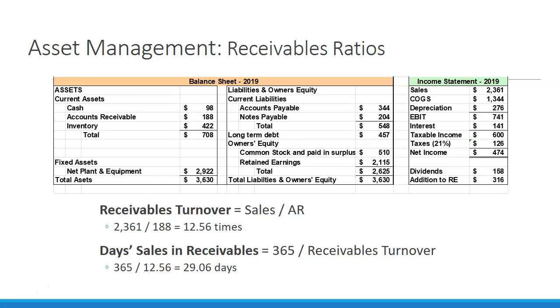We then take 365 divided by the receivables turnover, and that tells us how long on average it takes a customer to pay us cash for a credit sale. This tells us that it's approximately 29 days from the time a sale happens until we receive cash for this sale.